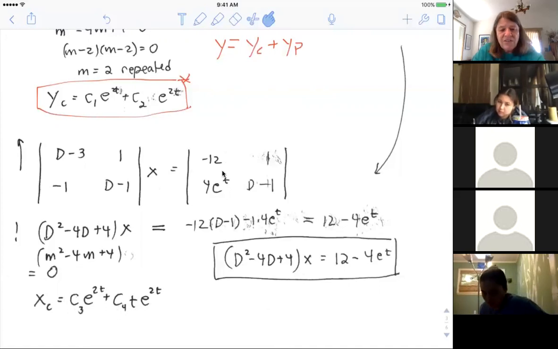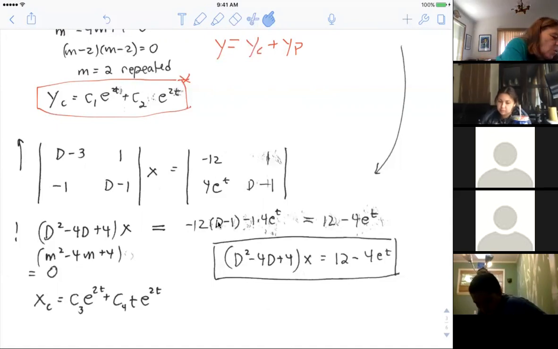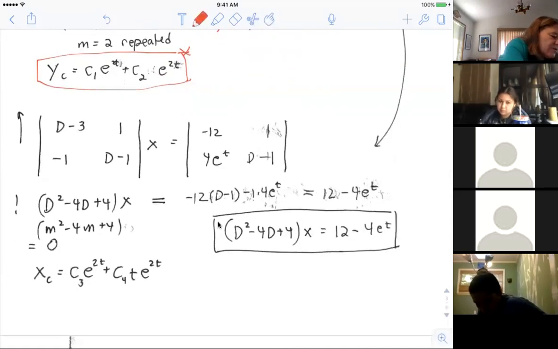If you look at the right-hand side, 12 times d minus 1, minus 4 e to the t. Well, I don't kind of like the order it came out in over here, because really what it says is you want d minus 1 operating on minus 12.